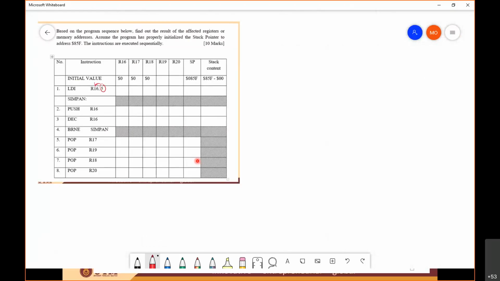According to this table here, all the values inside of this table must be in hexadecimal, so you need to convert the answer into hexadecimal. Since this number here has no symbol in front of it, you know that this is a decimal number. So you need to convert this number 5 to hexadecimal, which is equal to 05.